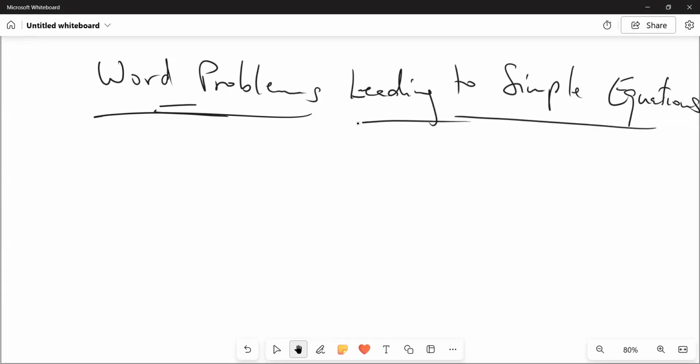I know when it comes to word problems, a lot of people are looking for definite steps, just like when you're solving a simple equation. As we said, what you do to one side, you do to the other side, and you can never go wrong. You try to isolate all your x's on one side, everything else on the other side.